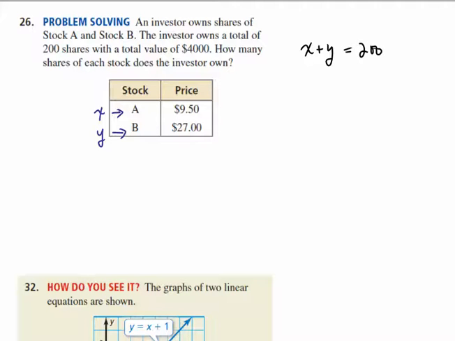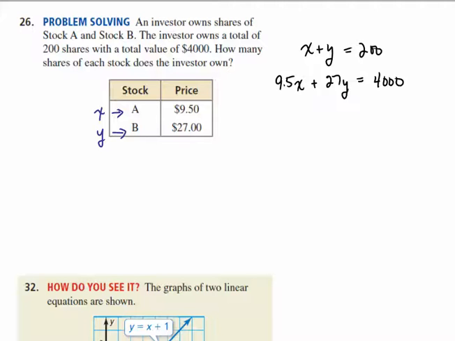Next, we know that if you multiply $9.50 times the number of shares of stock A, that would be 9.5X, plus 27Y, you should get a total of 4,000. So this is very similar to the drama club performance, adult tickets and student tickets.